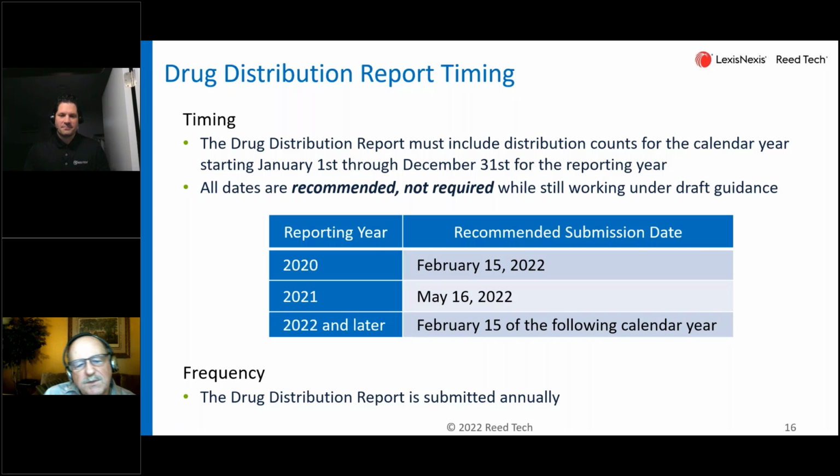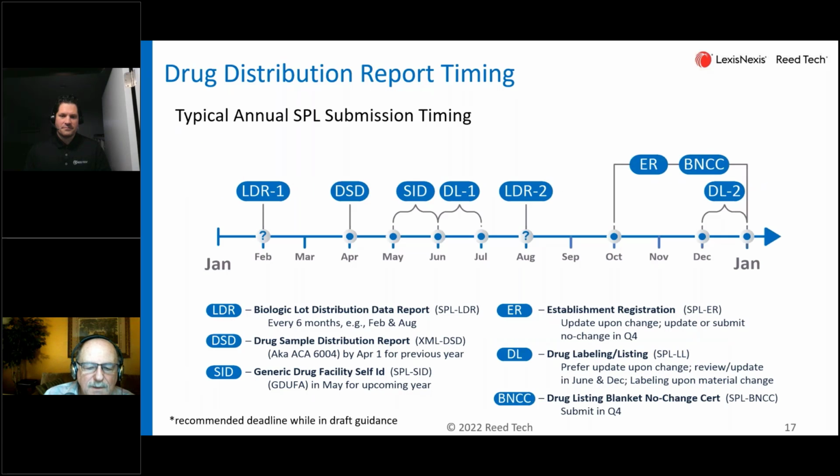Now, to fit this particular drug distribution report on your annual calendar, it's pretty busy. So the regulatory calendar here has a lot of activity. We'll leave this for homework for you to go through and look at some of these particular reports that are due throughout the year. But it's really busy at the end of the year with all the establishment registrations and the final listings and the blanket no changes and so on.